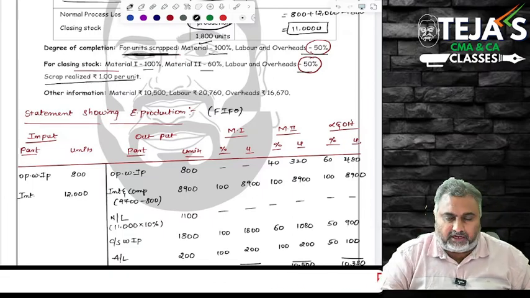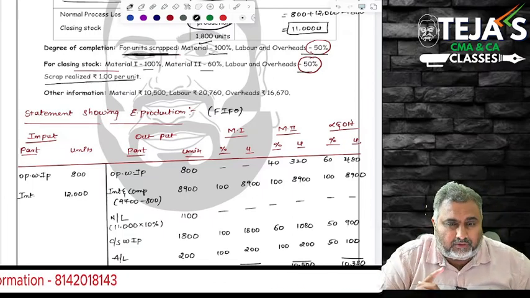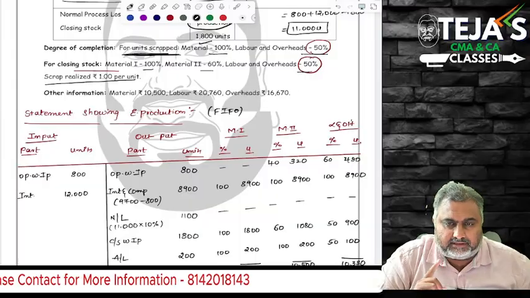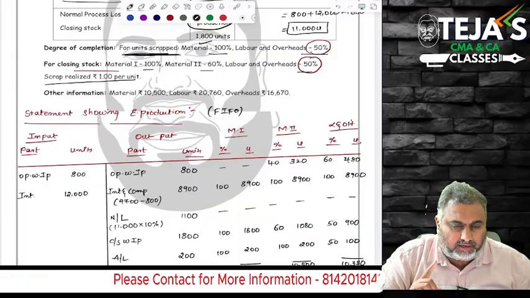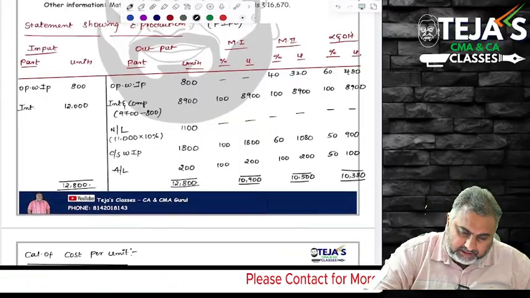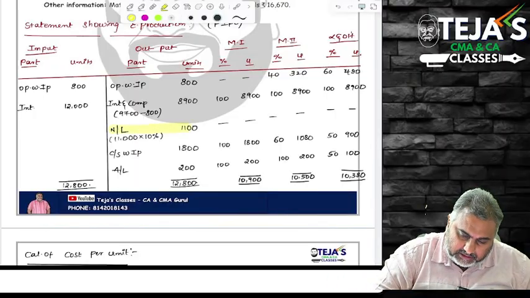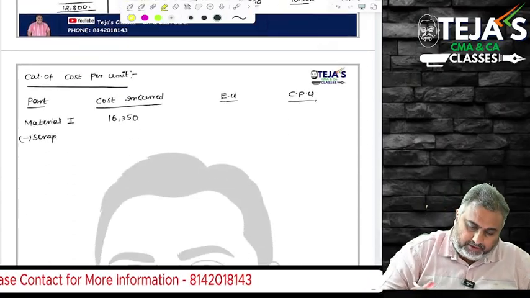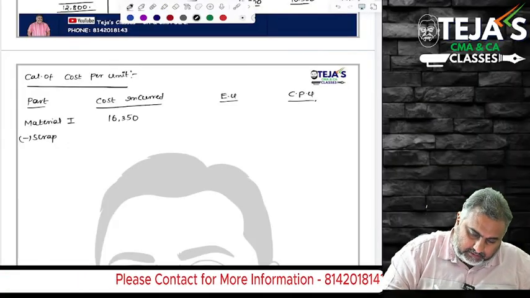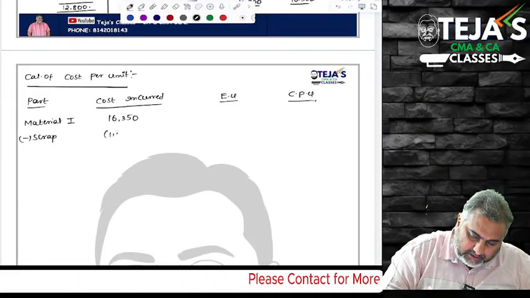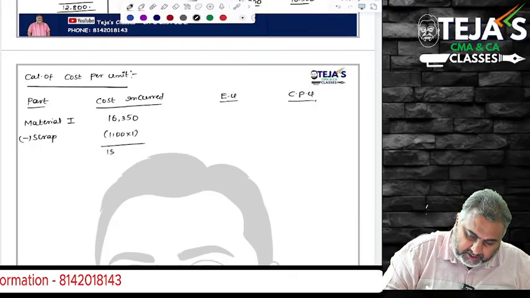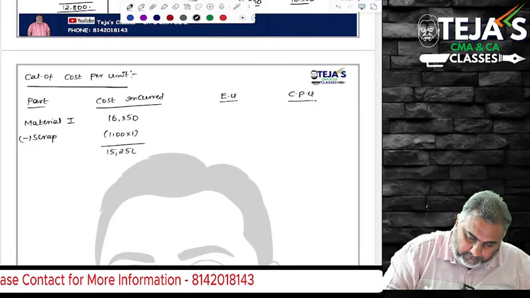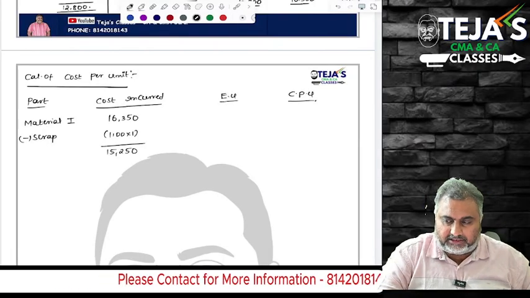They said 1 per unit. Scrap means only normal loss. Here we got normal loss. This is the units we are supposed to take. How many units are scrapped? 1100 into 1 rupee. So 1100 deducted, then 15,250 will be your cost incurred.